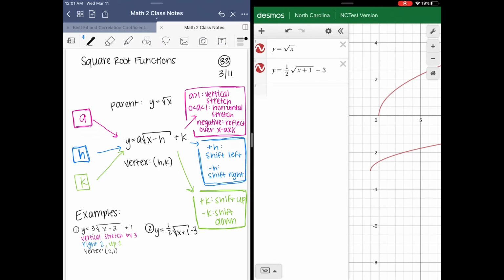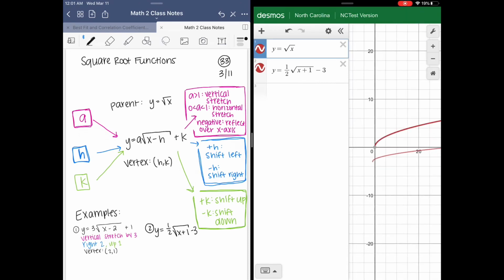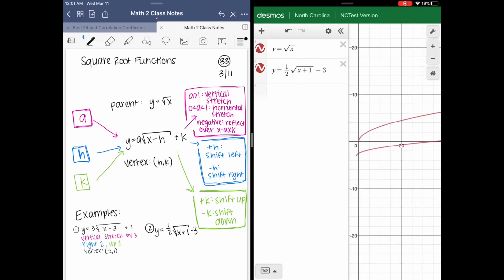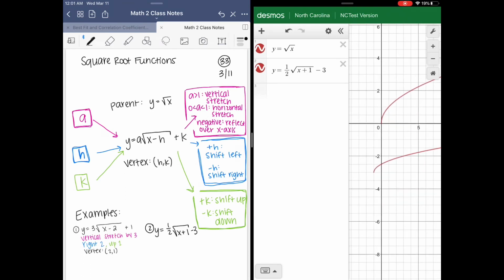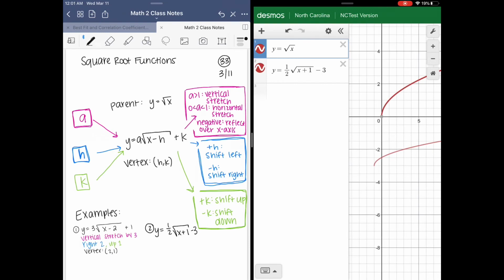So now if you zoom out a little bit, you can see how this second function that we graphed is a little bit flatter. It doesn't come up quite as much. So you can see here, we start at 0, 0, and moving upward, you can see that it comes up a little bit higher than where this one comes up to.